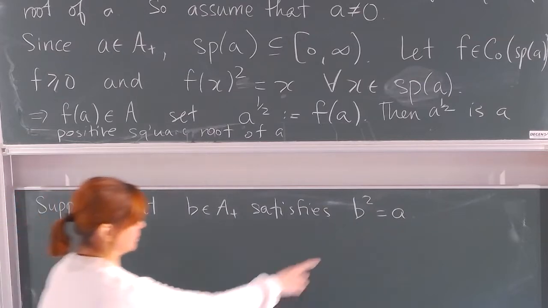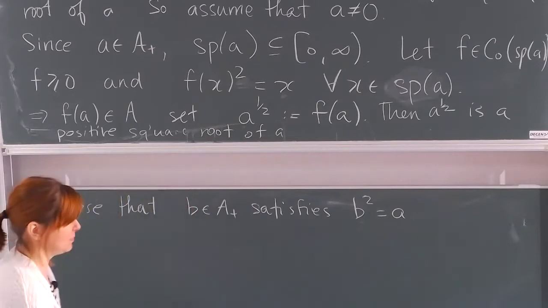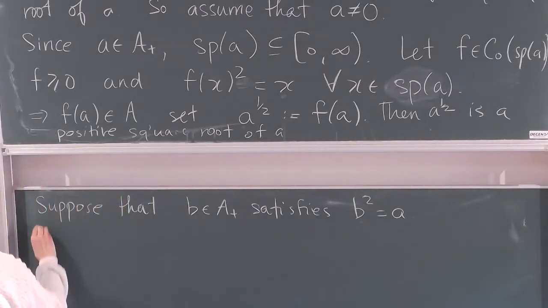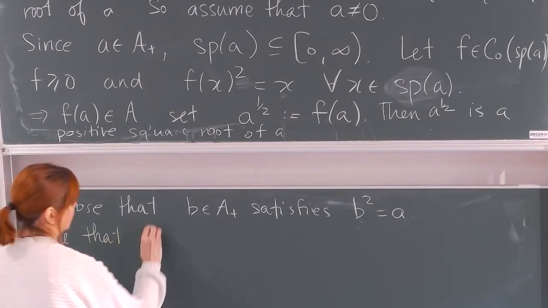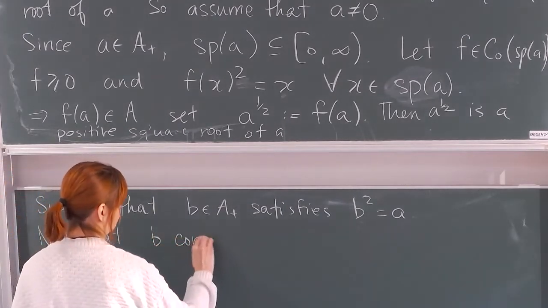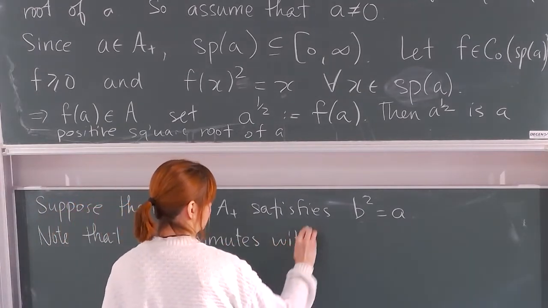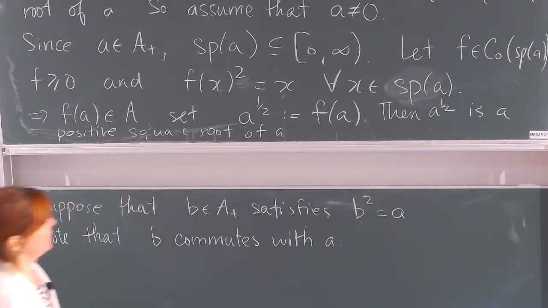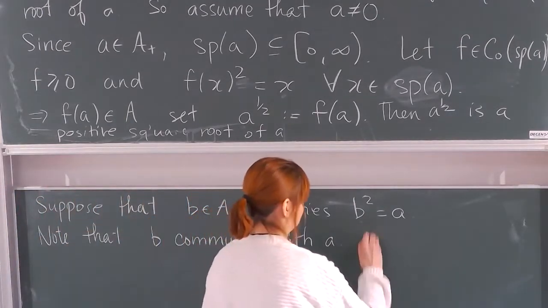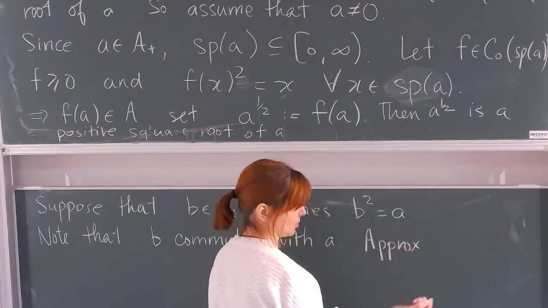Well, if B squared is equal to A, then B will commute with A. And then we can approximate A half by polynomials to conclude that B must also commute with A half.